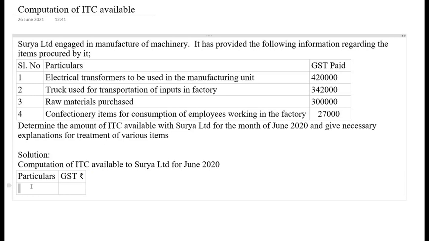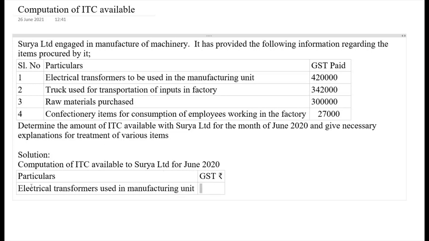Now let's go for electrical transformers used in manufacturing unit. The amount is given as rupees 4,20,000 here.